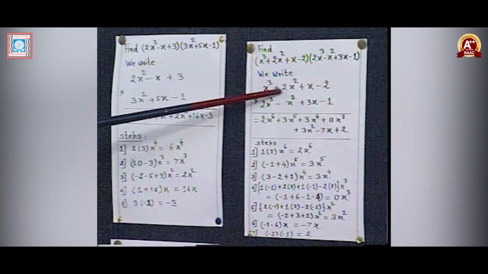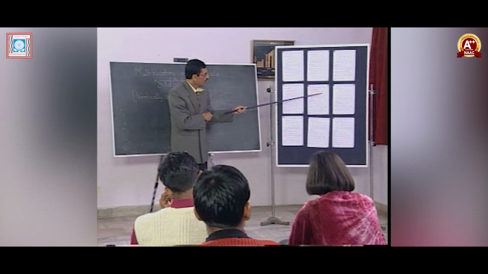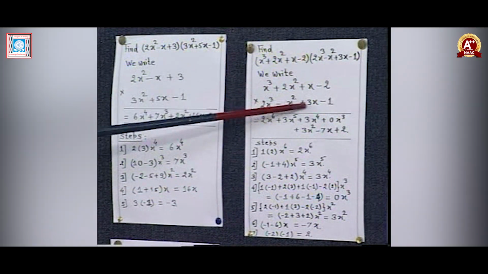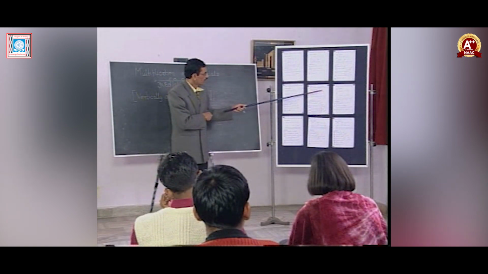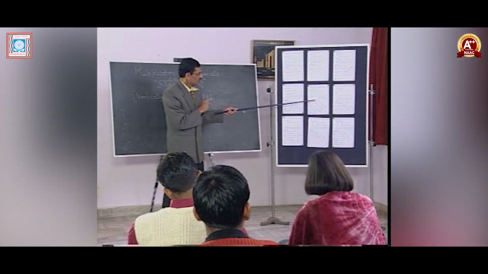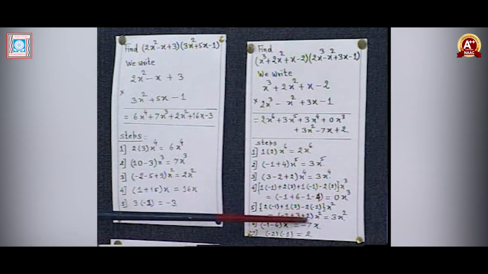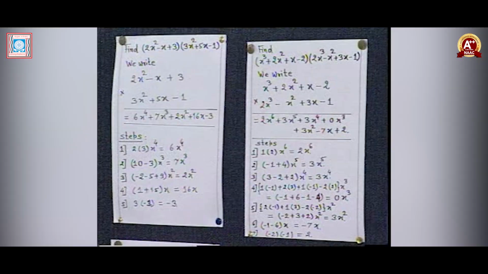Now we collect the coefficient of x square. We get 2 into minus 1 plus 1 into 3 plus minus 2 into minus 1, that is minus 2 plus 3 plus 2, we get 3x square.